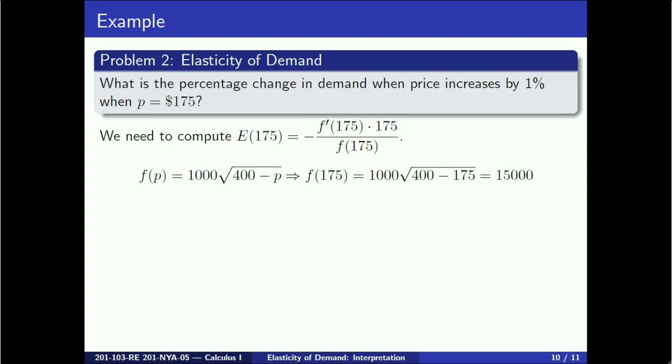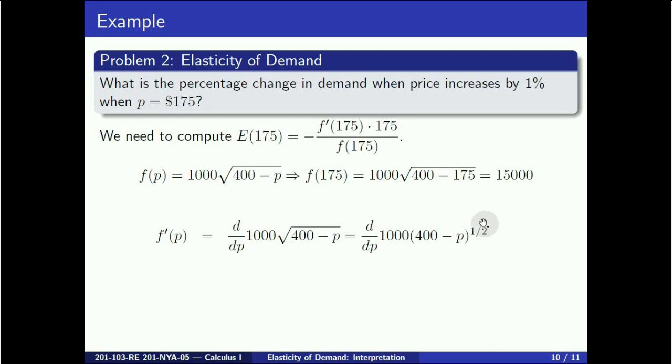You will recall that f of P was obtained by solving the demand equation for X, and we obtain f of P as 1,000 times the square root of 400 minus P. So f of 175 is equal to 1,000 times the square root of 400 minus 175, and that's equal to 15,000 textbooks.